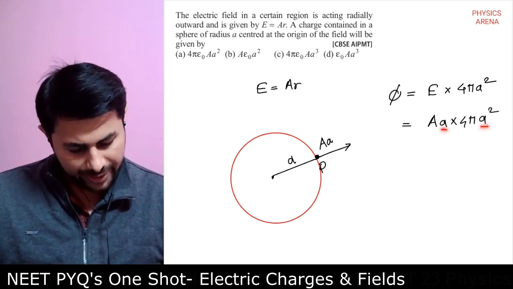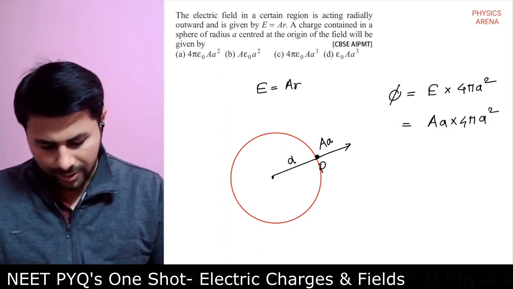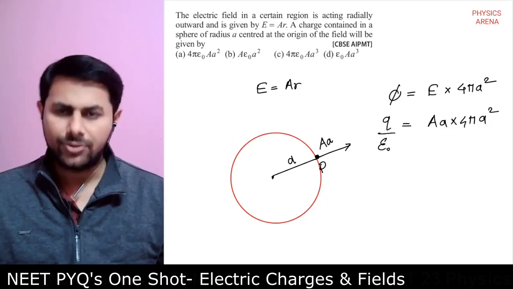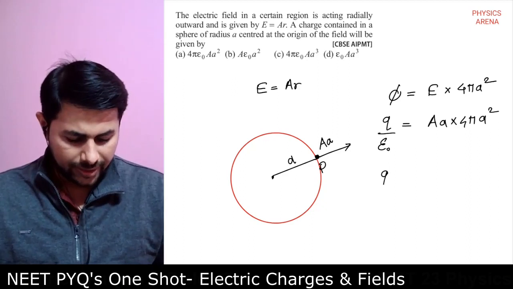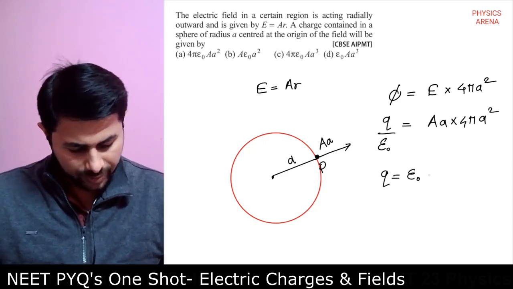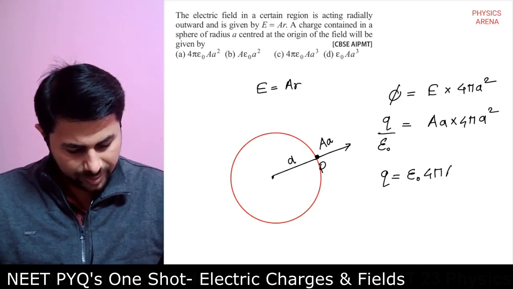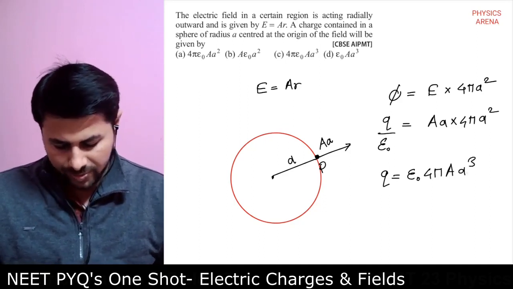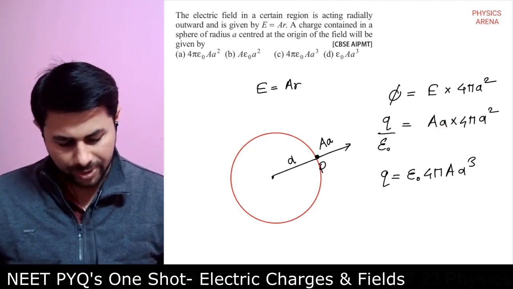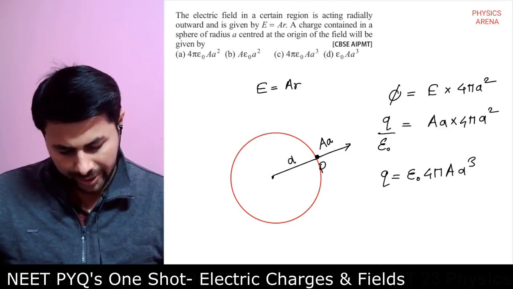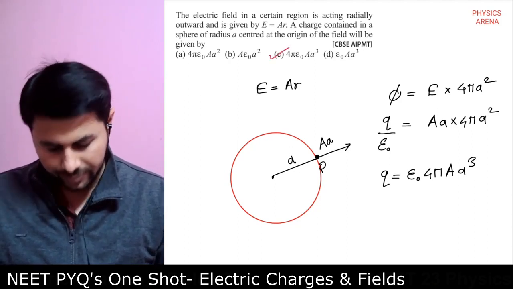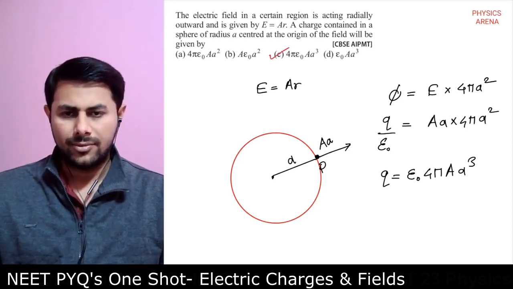It is A times a cube, and this is equal to charge enclosed divided by epsilon naught. So we can move epsilon naught to the other side. We get charge enclosed is 4 pi epsilon naught A multiplied by a cube. So this is the answer, and it is option C, right?